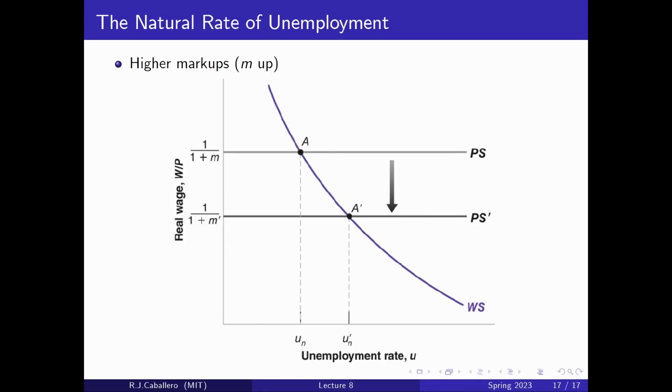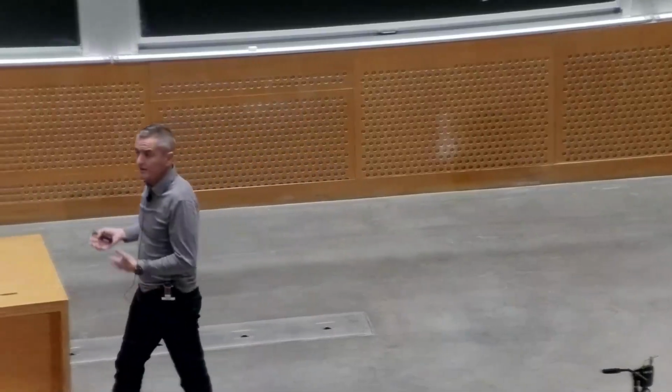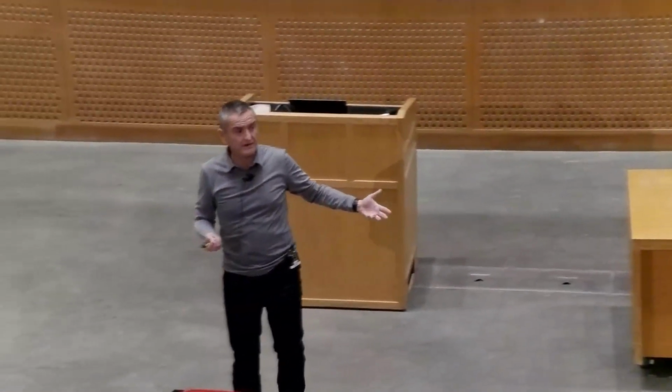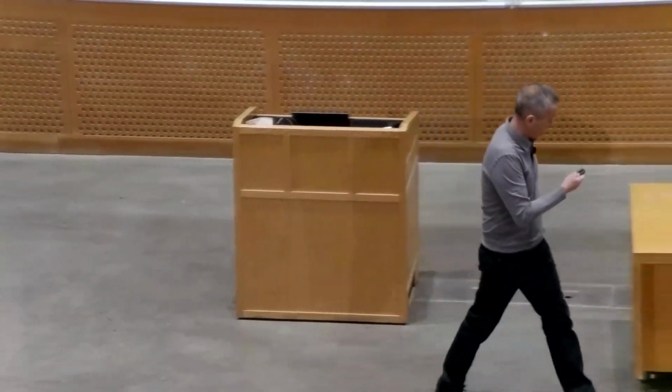And the only thing that can clear the market in this case, in the medium run, is for the natural rate of unemployment to rise. So here we got two experiments where we move some parameter, one the bargaining power of workers, the other the markup of the firms, and both increase the natural rate of unemployment. Good.